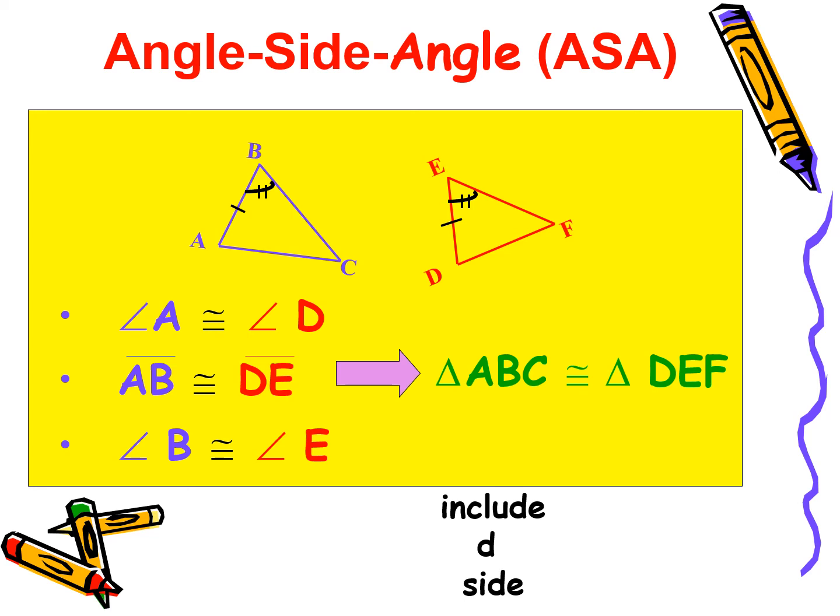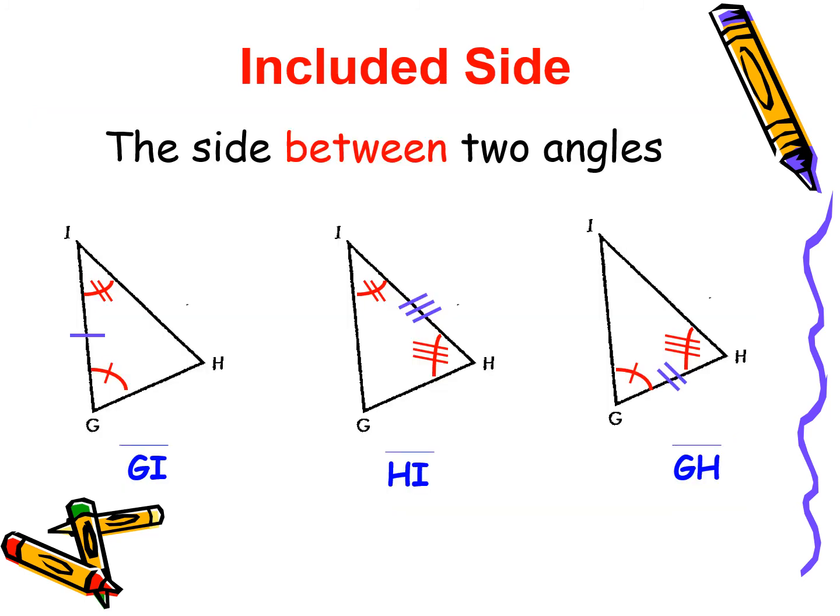Then again, the concept of included side. Let us make it more clear. The side between two angles is known as the included side. If we choose angles G and I, what is the included side? It is GI. In the second figure, if you take angle I and angle H, the included side is HI.